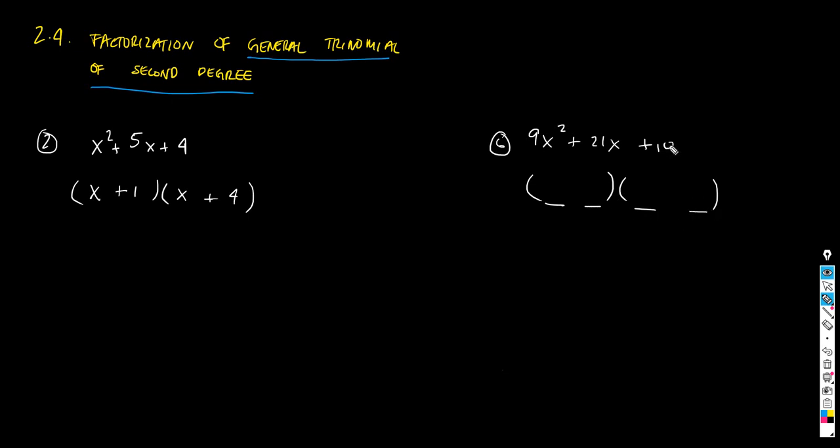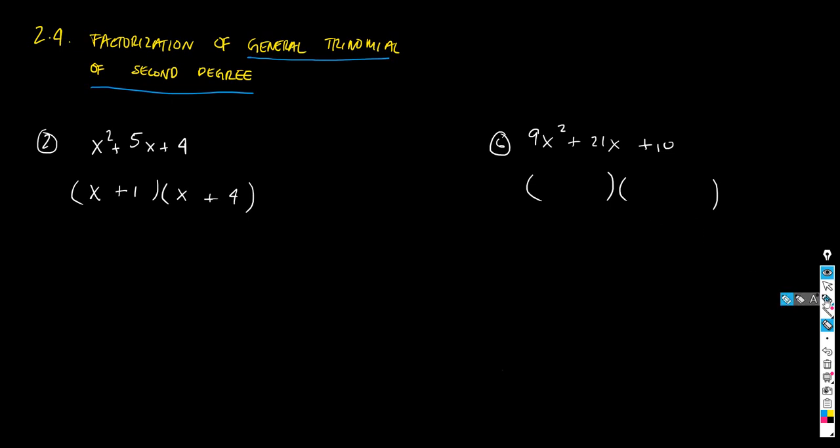This times this should give me this. And when I multiply outer times outer plus inner times inner, I repeat, outer times outer plus inner times inner, that operation should give me 21x. That's how it works.